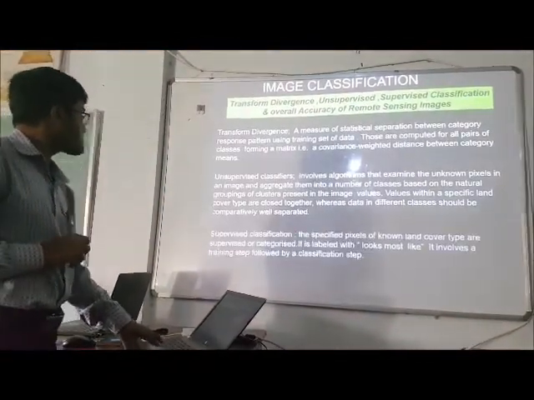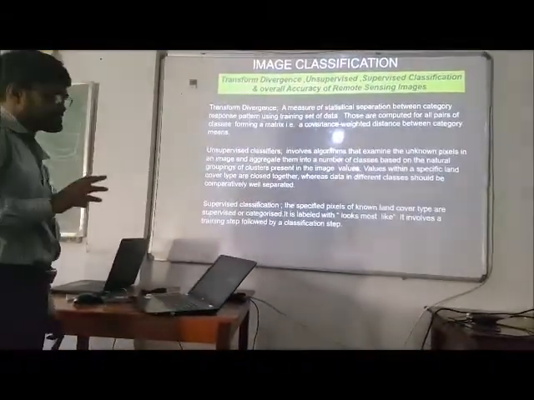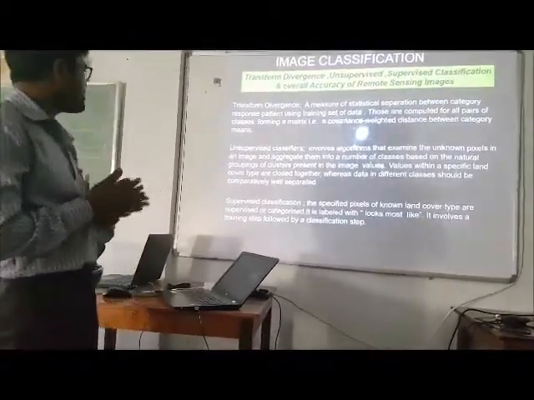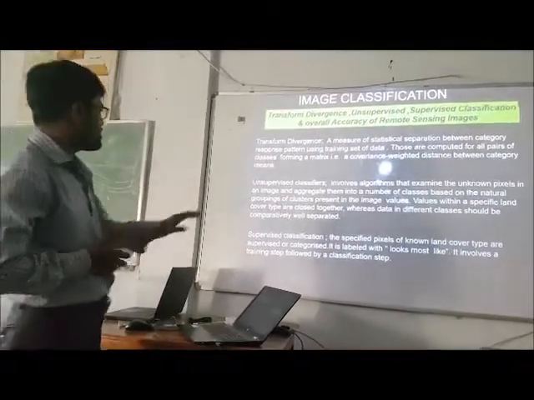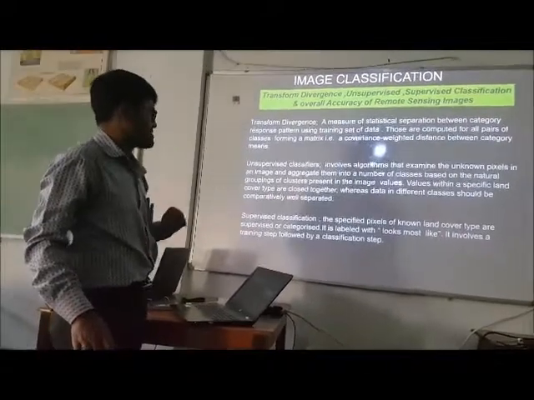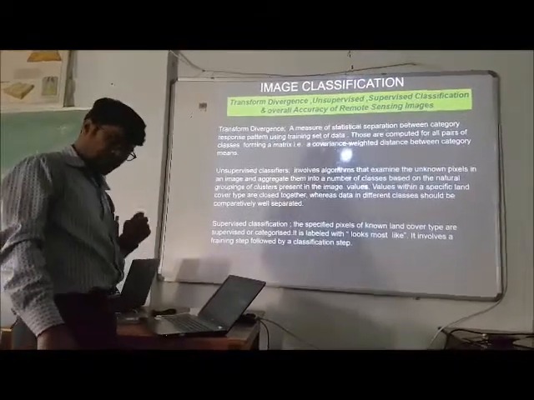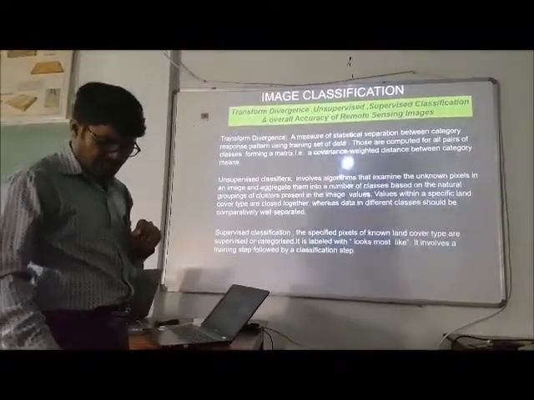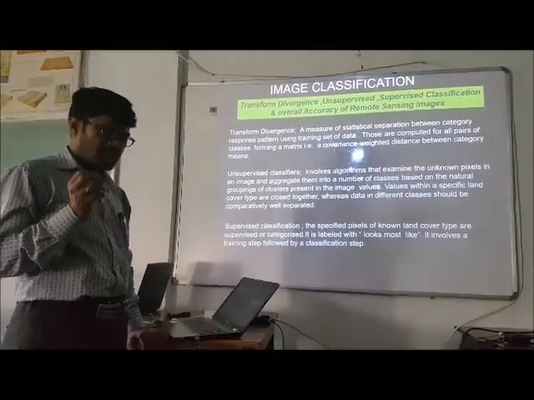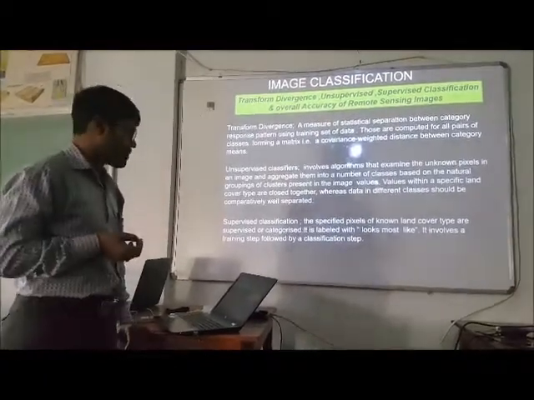For better understanding, we usually interpret satellite images in two ways. One is unsupervised classification and another is supervised classification. Most of the time, supervised classification is useful because it uses the user's experience.